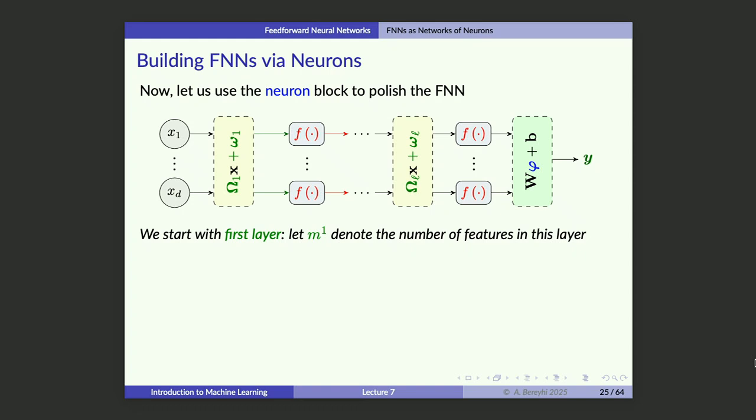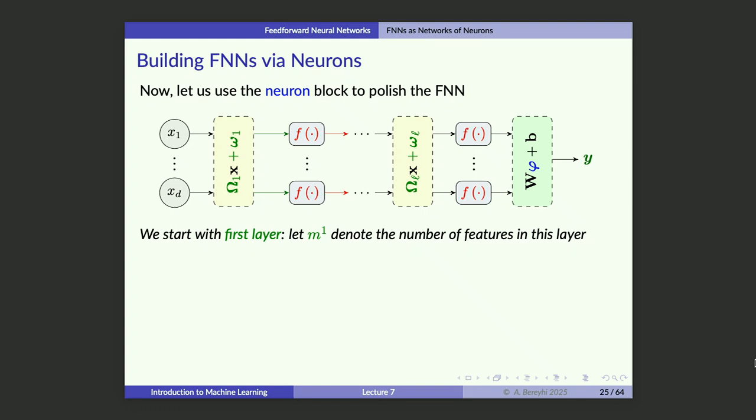So here you're getting x as the input. So this is your x, this guy is d-dimensional, and then you have this linear transform. So this is omega 1 x plus the bias, and then at the output, I assume that I have M1 different outputs, right?